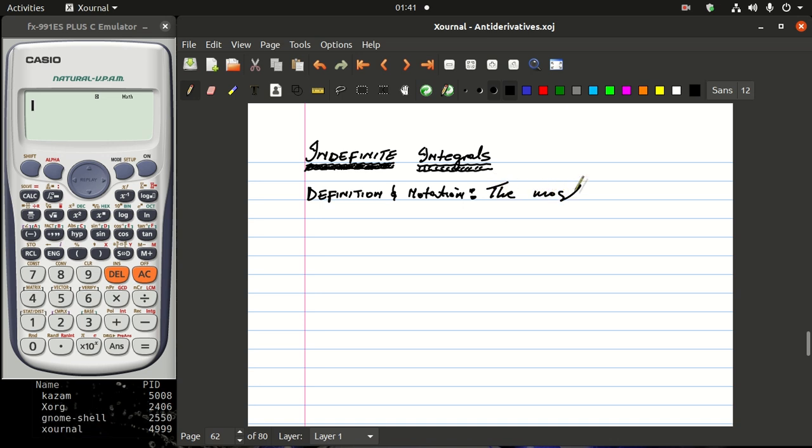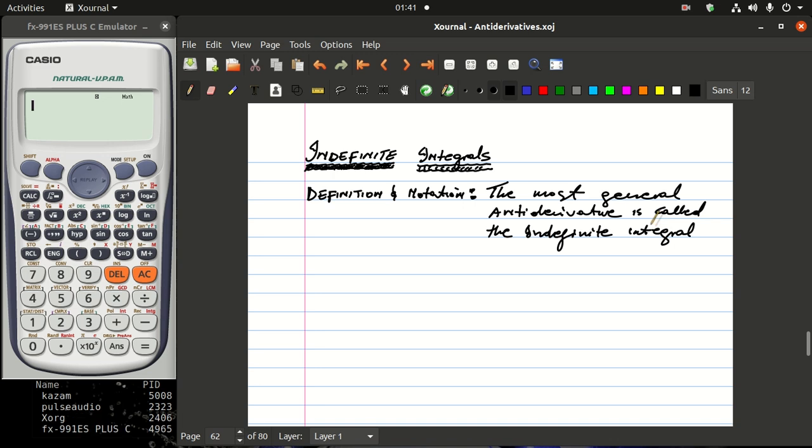The most general antiderivative is called the indefinite integral. So, which means we have been doing indefinite integrals when we're trying to find the most general antiderivative, because it's one and the same thing, right?